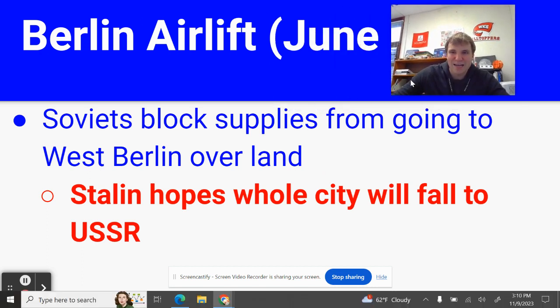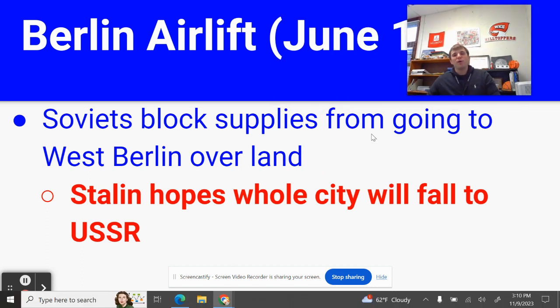So Stalin got an idea. Okay, he was going to block all land routes into West Berlin. Okay, he blocked the rail, he blocked the roads, he even blocked major waterways into Berlin. He thought that if he blocked all these supplies from getting into West Berlin, the whole city would fall to the Soviet Union. Now, why is he so worried about Berlin? Well, Berlin is the capital of Germany. So the Allies have control of, or excuse me, I keep saying the Allies, but technically the Soviets were an ally.